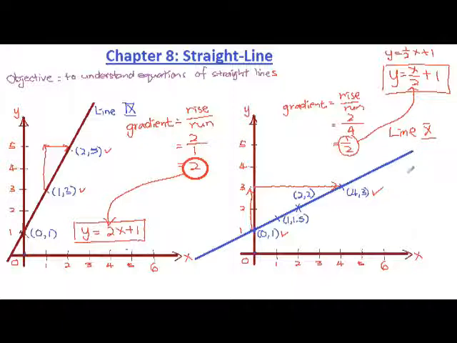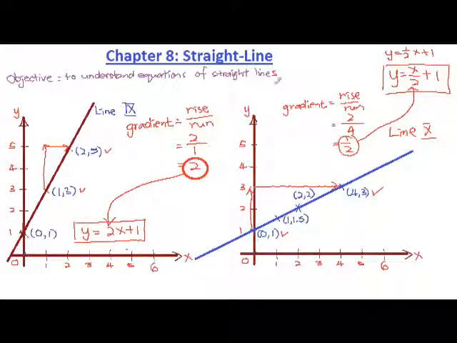So now, from this video, it should be very obvious to you that the gradient of the straight line is also stated in the equation as well as the y-intercept.